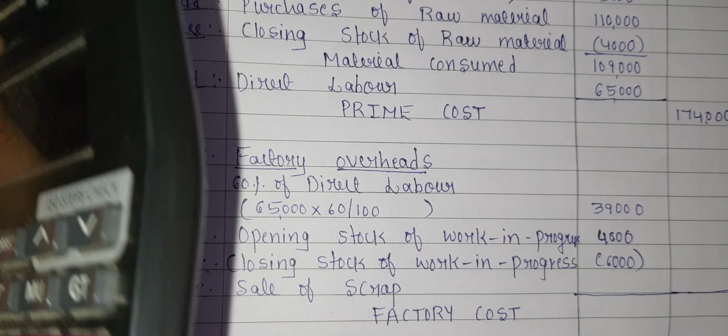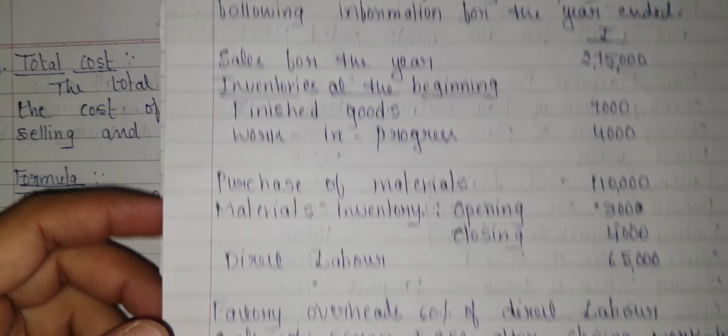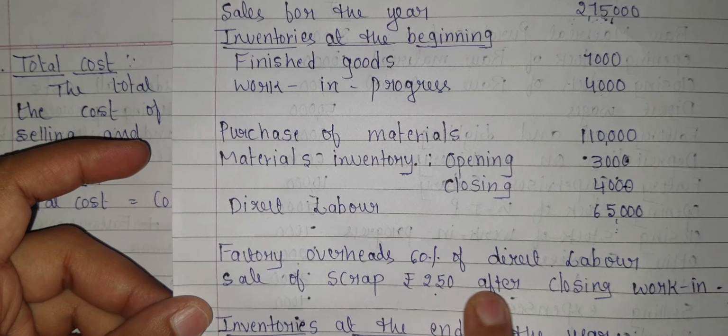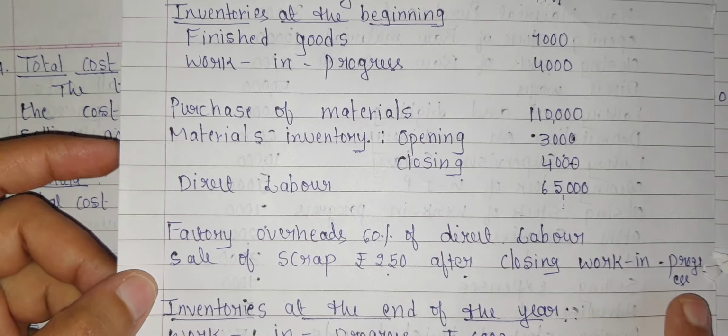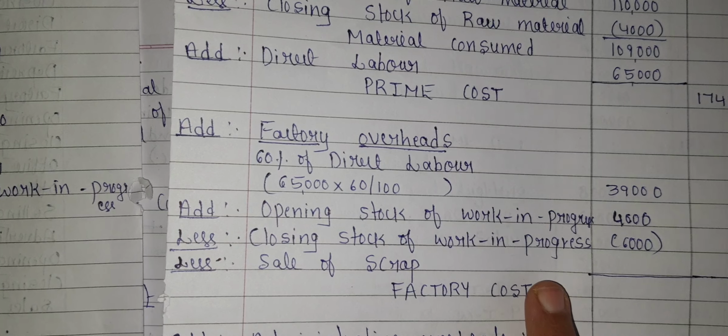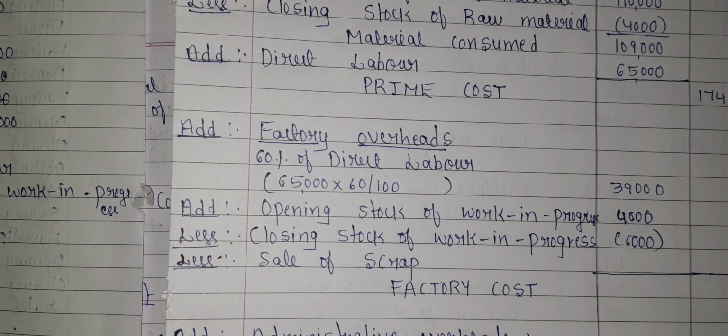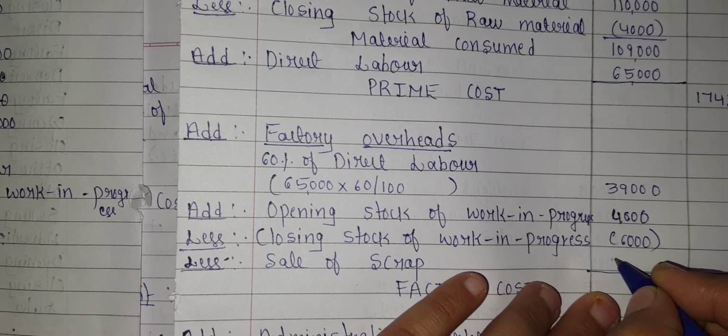So after that one more adjustment is there. See here, sale of scrap rupees 250 after closing work in progress. Means here after closing work in progress we need to deduct sale of scrap. This reduces the factory cost. Clear? That is rupees 250.